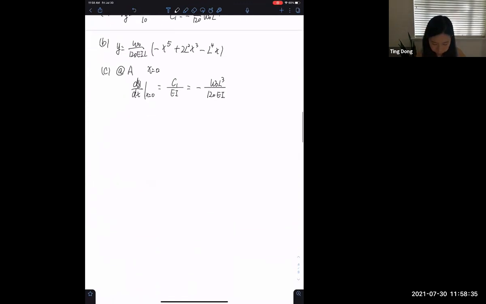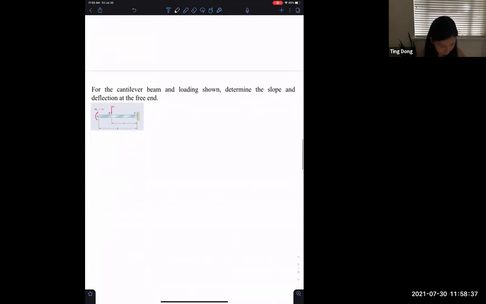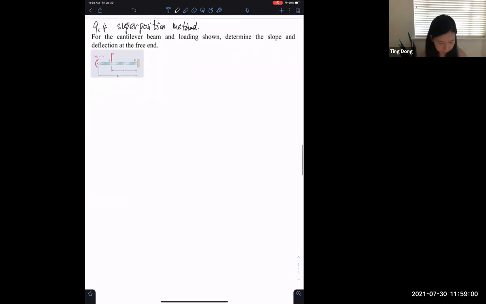So if no question, let's move on to the superposition method. It's a new topic again, but the basic idea is very easy. It's just calculation, which is complicated.